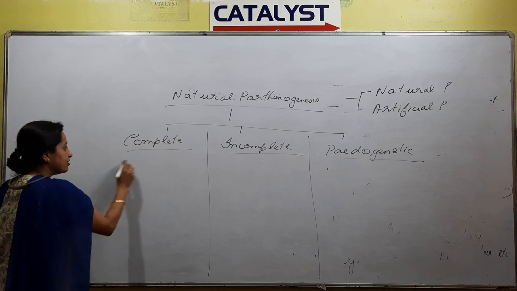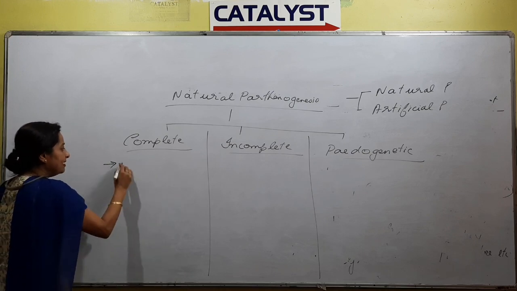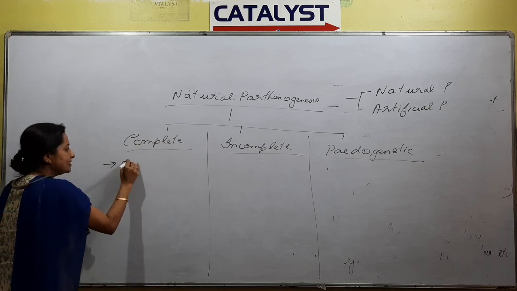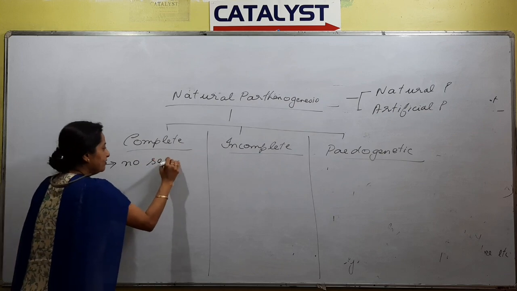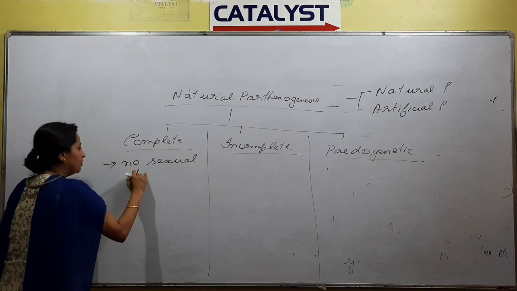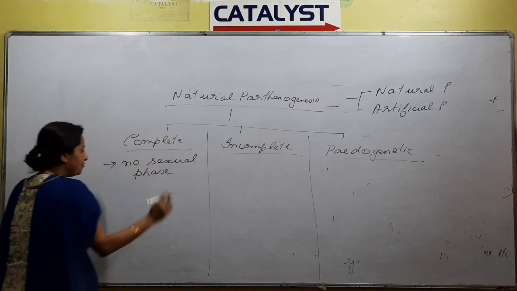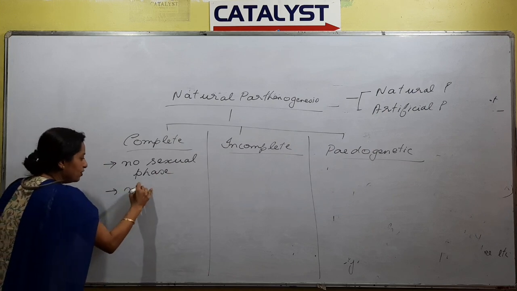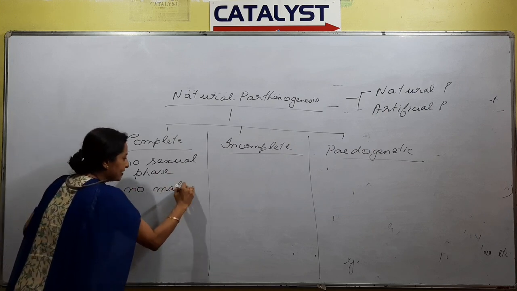Complete parthenogenesis of ketaman point that we need to remember is, in this type of organisms, they do not have sexual phase. They do not have the sexual phase. Second point is, they do not have the male partner.